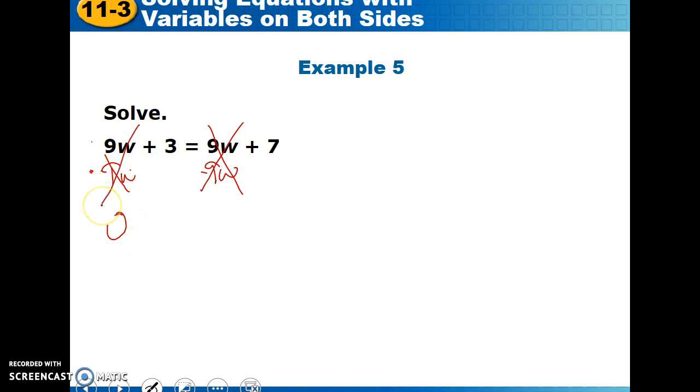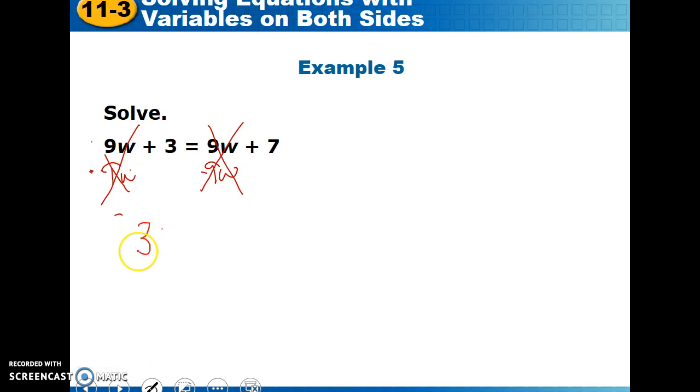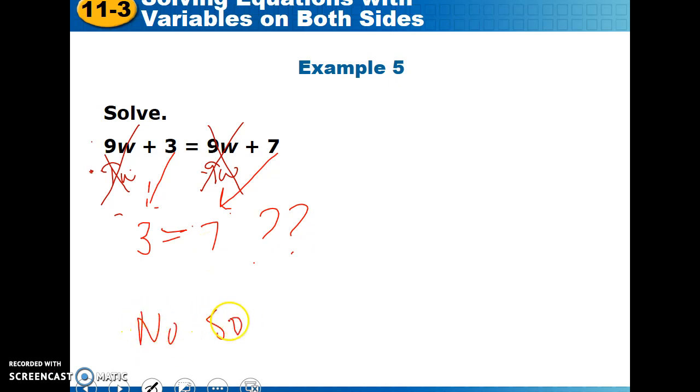So this goes away. So all I'm left with is 3 equals 7. Does 3 equal 7? No. So in this case, this equation has no solution. There's no solution that works here.